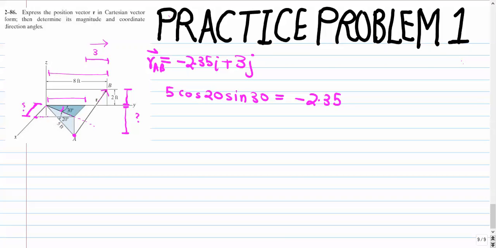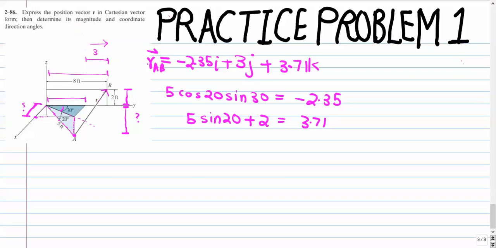That would project this length of 5 feet on this line, and this line is exactly the length that we need. So once we do that, we get 5 feet sine of 20 degrees. This is the length below the y-axis, and to this we add 2 feet, and we get the total length in the z direction, which is equal to 3.71. And finally we can add this measurement in our Cartesian vector form, plus 3.71 k.